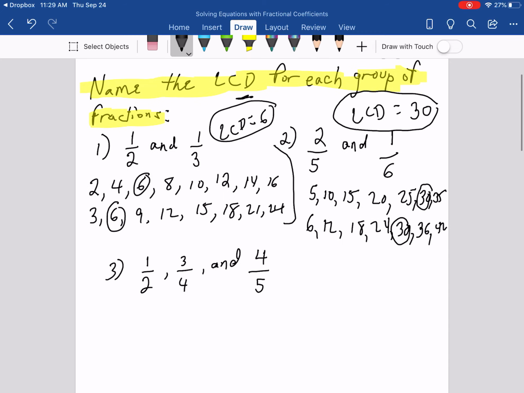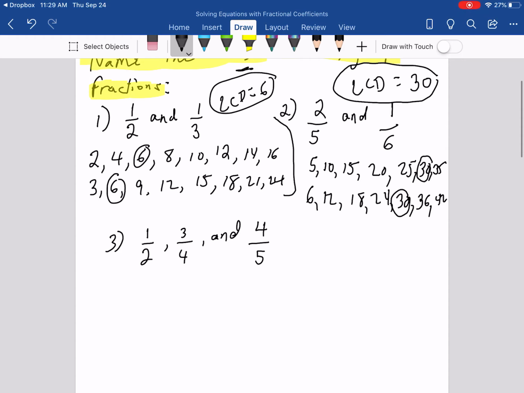All right. Number 3 has 3 fractions, but okay, same deal, except we're going to have to make 3 lists. So multiples of 2 would be 2, 4, 6, 8, 10, 12, 14, 16, 18, 20, I'm going to stop there.